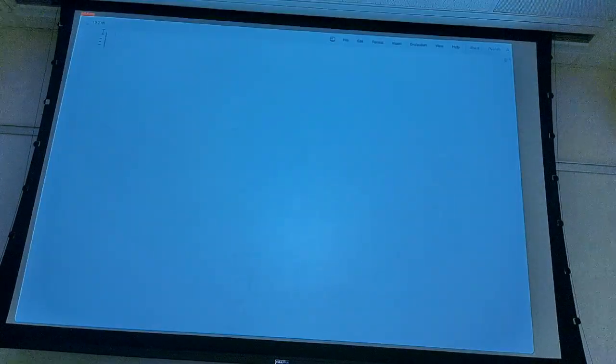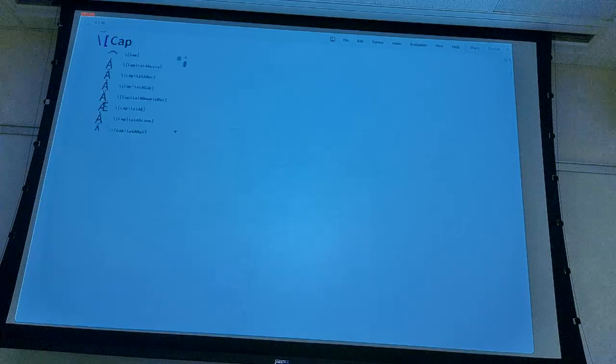Capital delta. Delta S of h is defined as negative 16h.